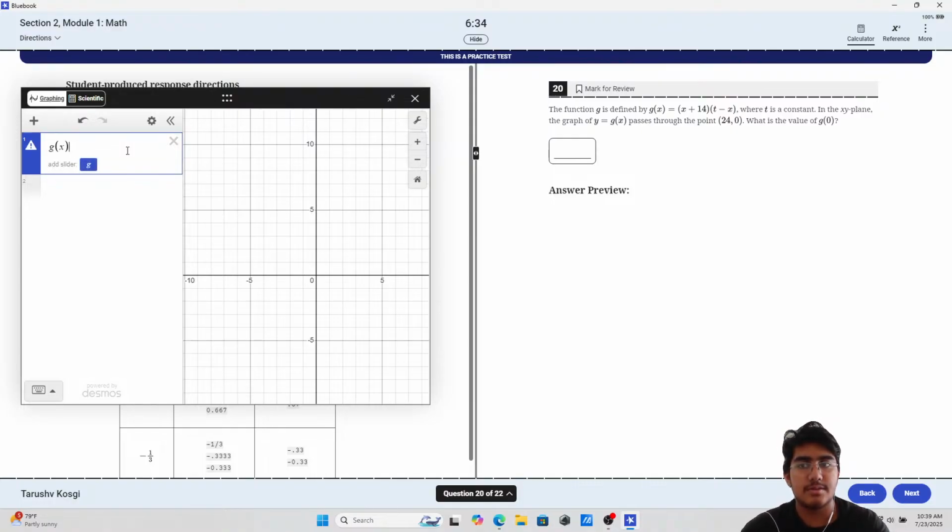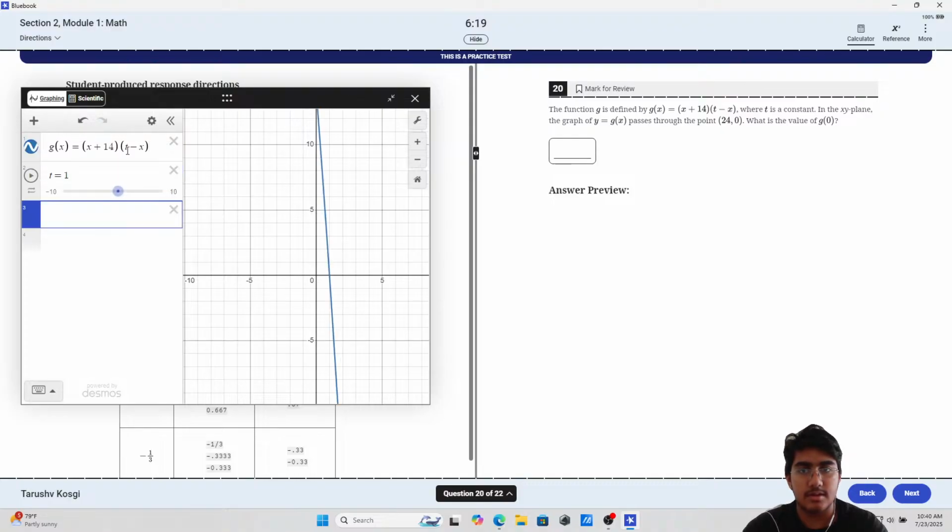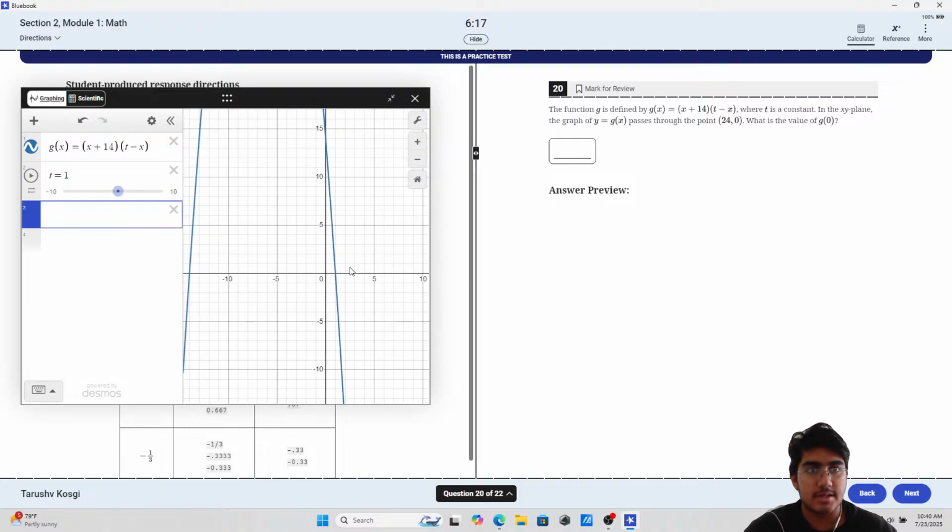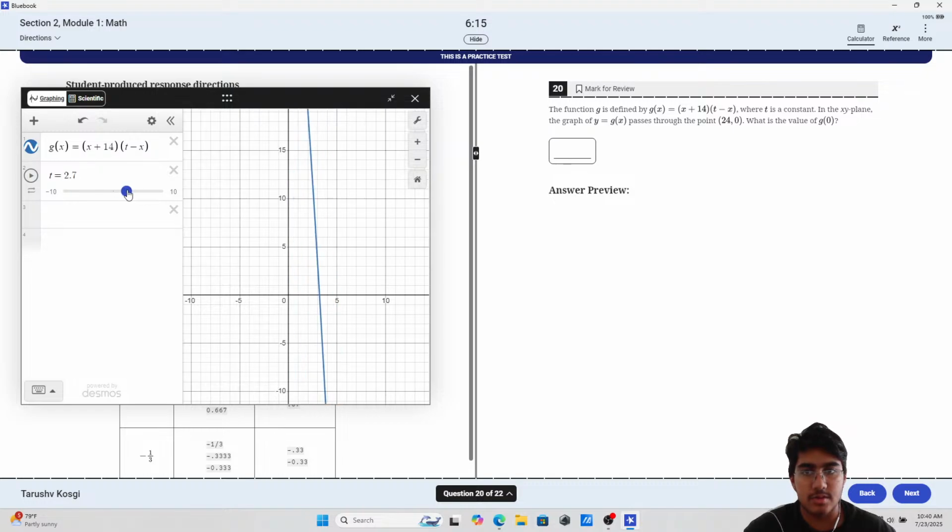G of x is equal to x plus 14 over t minus x, where t is a constant, and passes through the point 24, 0.